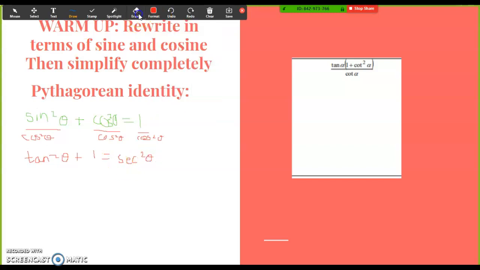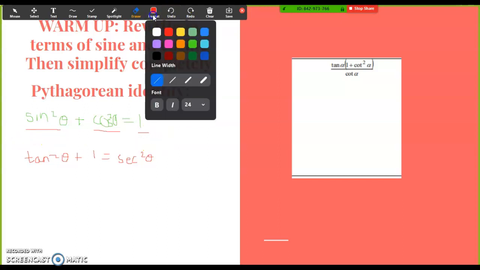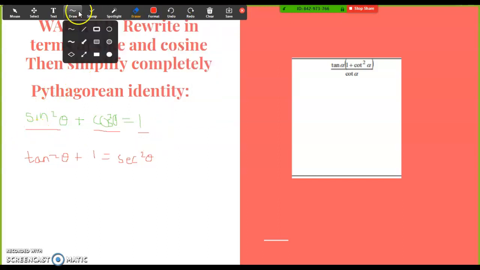Okay, another way that I could write this is if I divided all of these terms by sine squared theta, again keeping the equation nicely balanced.